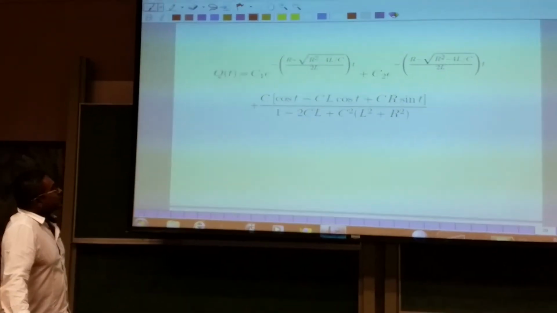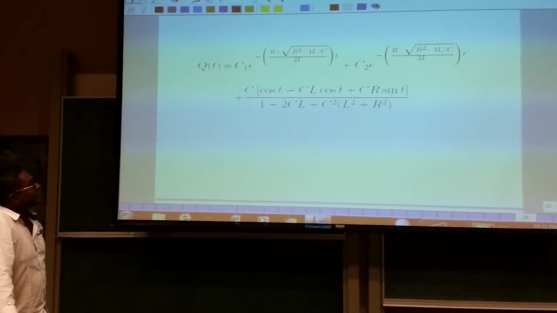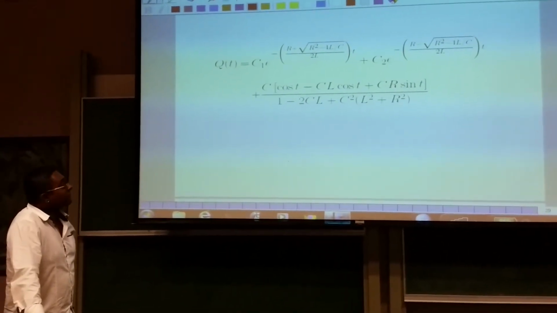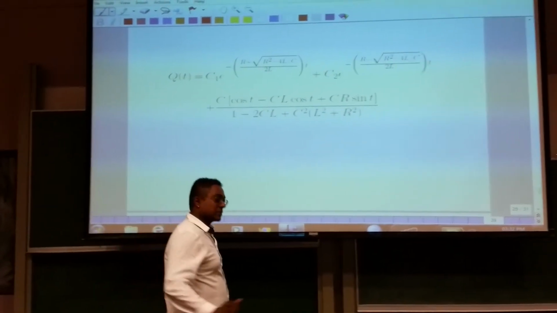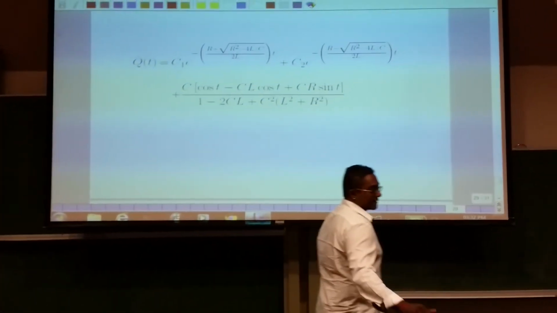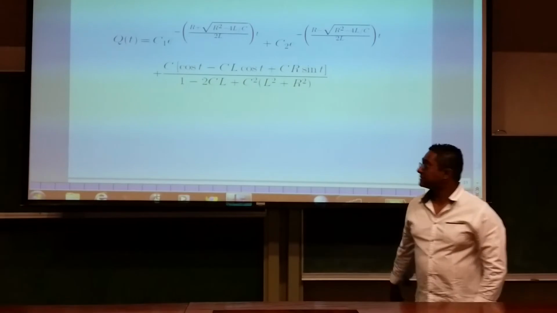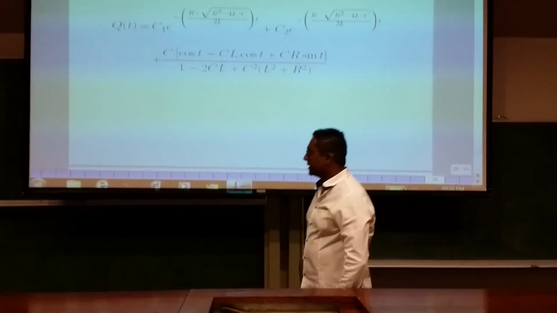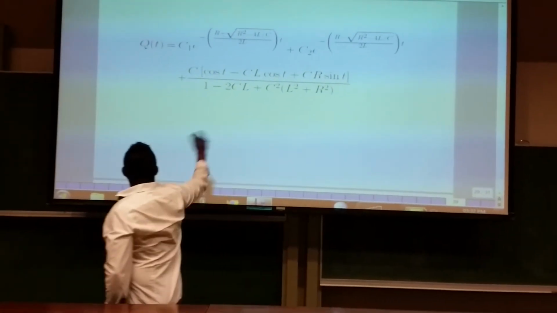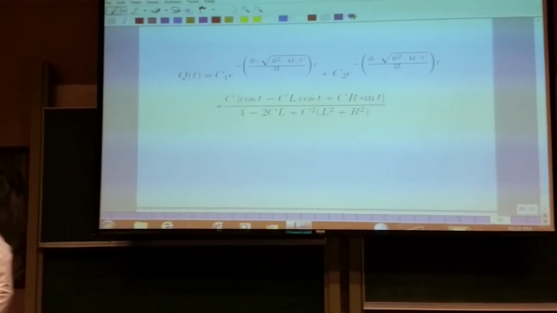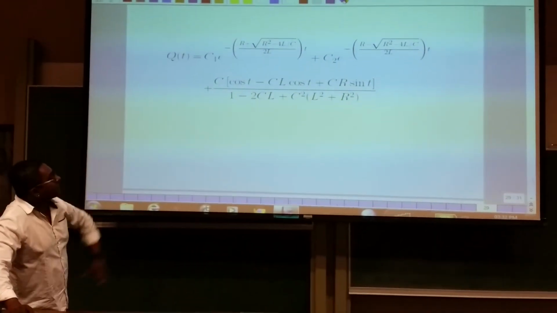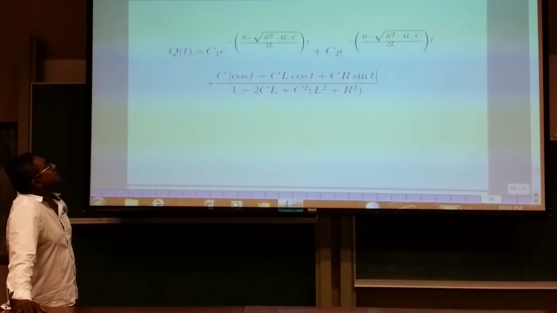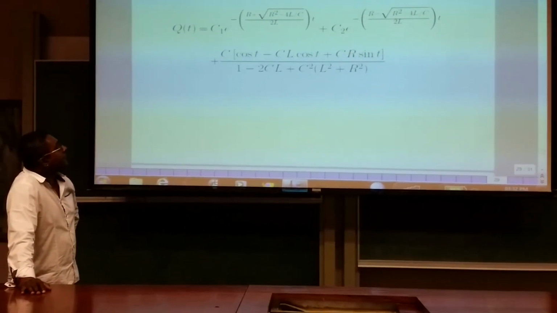The third term that you see there comes from the method of undetermined coefficients, where we assume the form for the particular solution, just like our example, x of t is equal to a cos t plus b sin t, so we end up with that term. You'll also notice that the persistent part of our solution is the third term, that as t approaches infinity, the first two terms will die off.